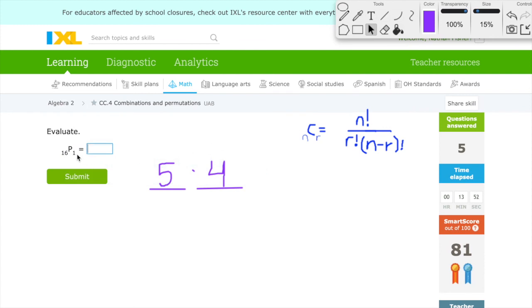Let's do one with 1 here, because to my knowledge, it's kind of a trick one. So ignore that for a second. 1 spot, 16 options. Let's say you're shopping for apples at Walmart or something like that. You only want 1, and there's 16 apples sitting in the bin to pick from.